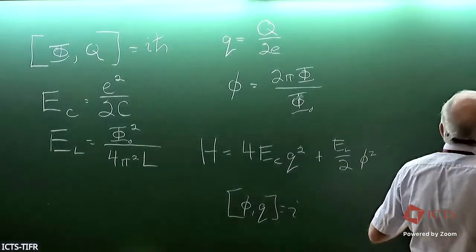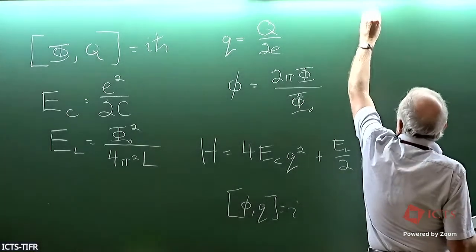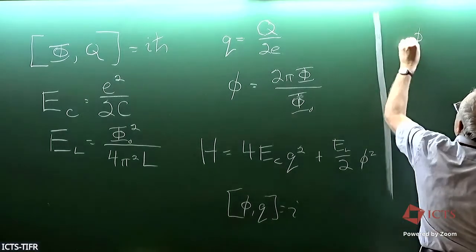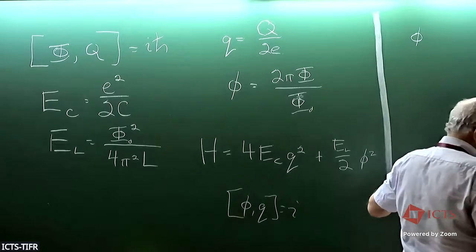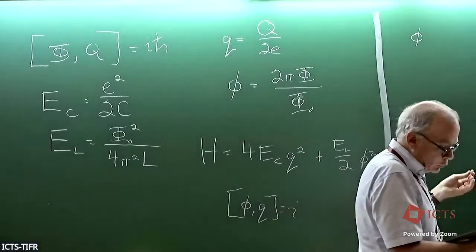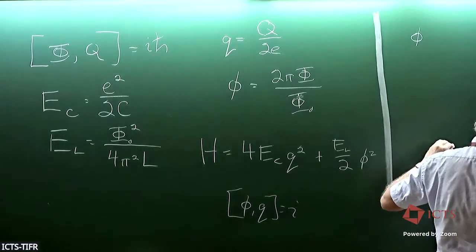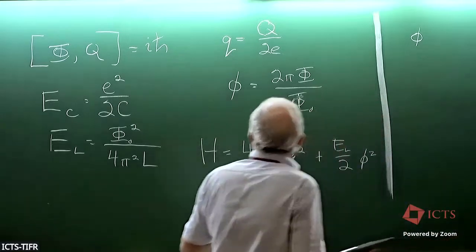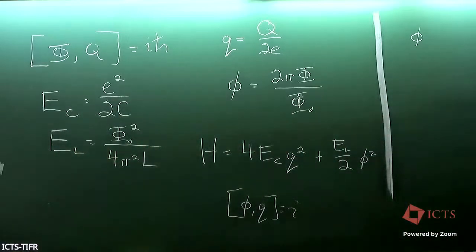So it turns out that you can consistently introduce the creation and annihilation operators of the bosonic mode of this oscillator by writing phi. I see in my notes I started to put in hats, and I guess I should have started putting them in here.